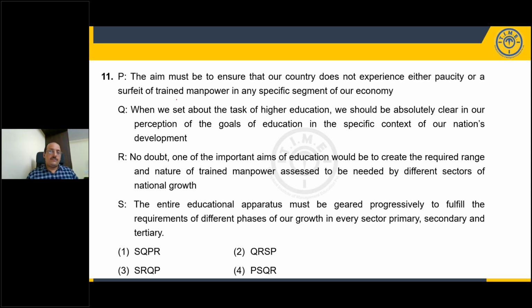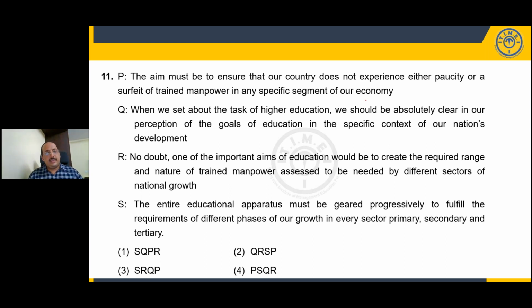Surfeit is excess of trained manpower in any specific segment of our economy. So the aim should be to ensure that we neither have a shortage nor do we have an excess of trained people. When we set out about the task of higher education, we should be absolutely clear in our perception of the goals of the education in the specific context of our nation's development. So when we decide to go for higher education, we need to be very clear what is going to be the goal. Why are we doing this?